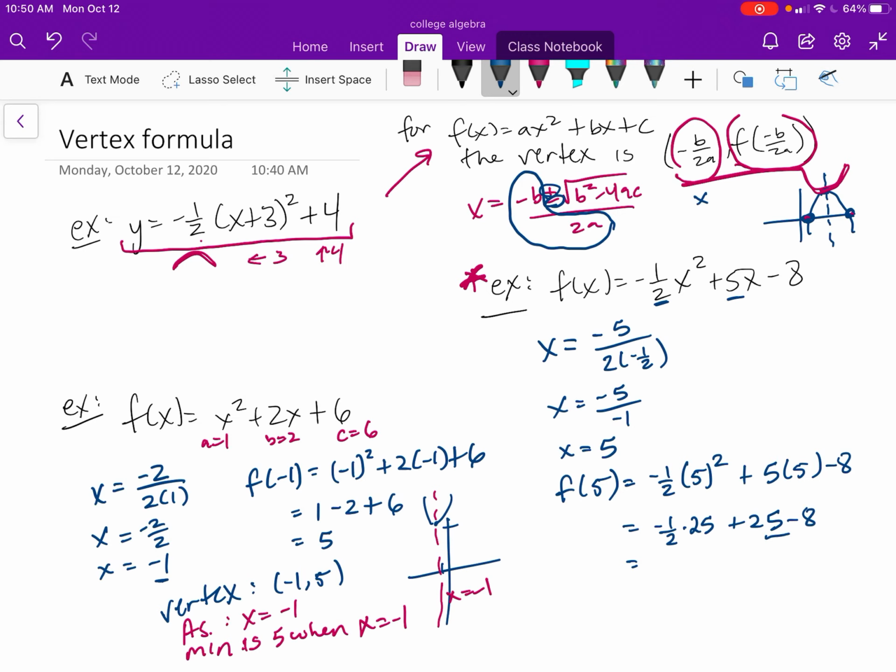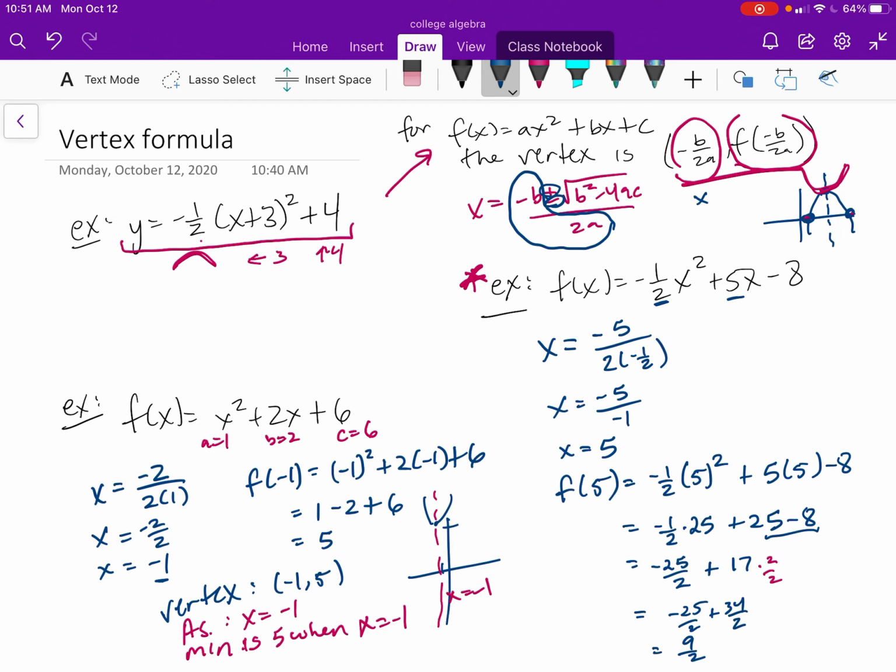So these two we can combine to 17, negative 25 over 2 plus 17. We need an LCD, so multiply by 2 over 2. This is 34 over 2 minus 25 over 2, and 34 minus 25 is 9. So we get 9 over 2, 9/2.